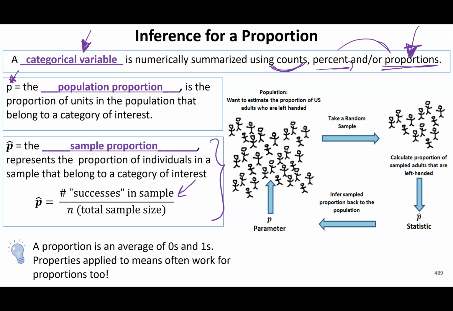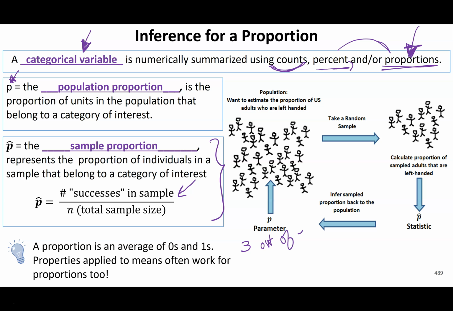And then just to reiterate here, a proportion, you can think of it as an average of zeros and ones. So if you assign a 1 to your successes and zeros to your failures, and I'm doing more air quotes, then you could take an average. Suppose 3 out of 5 folks have brown eyes.